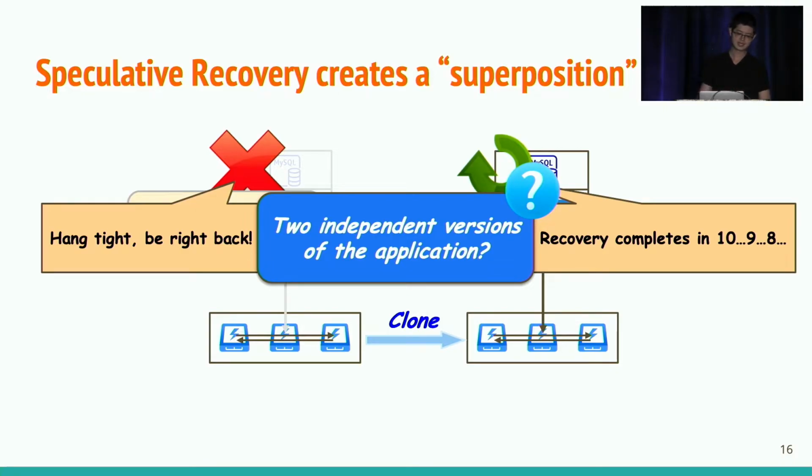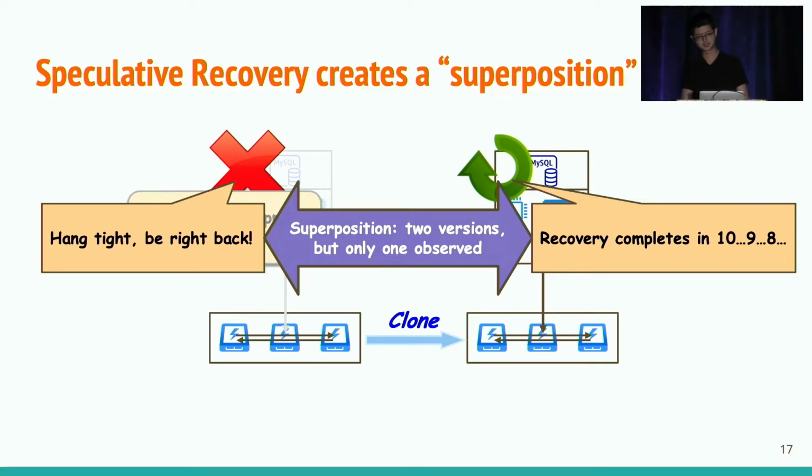And this is basically a superposition, where the application disk is allowed to diverge to two versions at the same time, only temporarily, as long as neither is observed. And when one of the versions is observed, the other version must be destroyed as though it never existed.